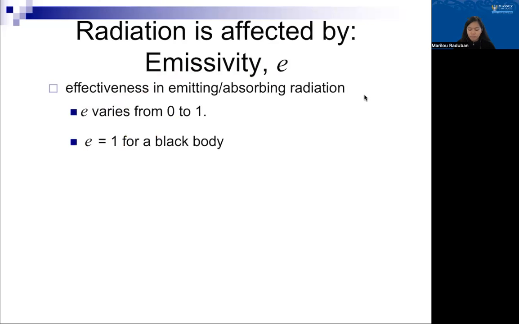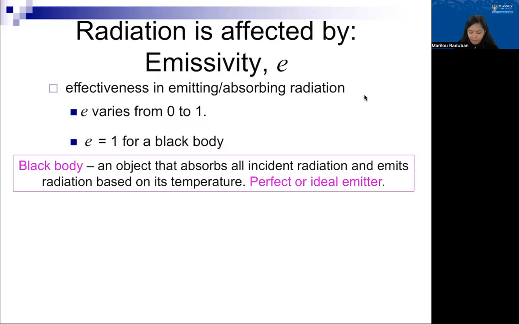It has a specific value that goes only from 0 to 1. Okay? So 1 means it is very effective in emitting radiation, and an ideal object where emissivity is equal to 1 is called a black body.